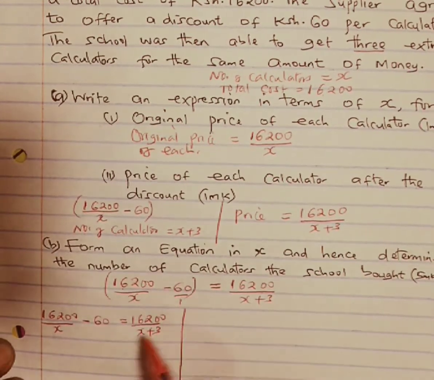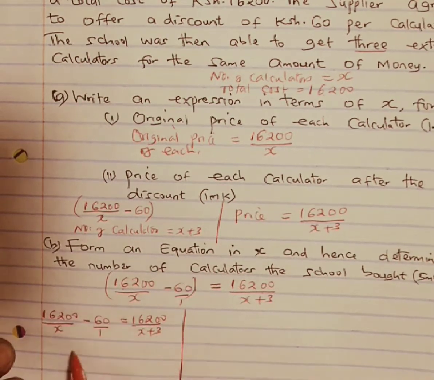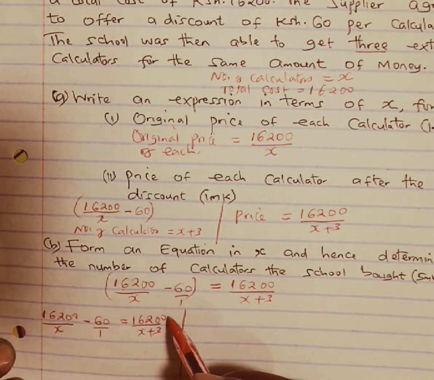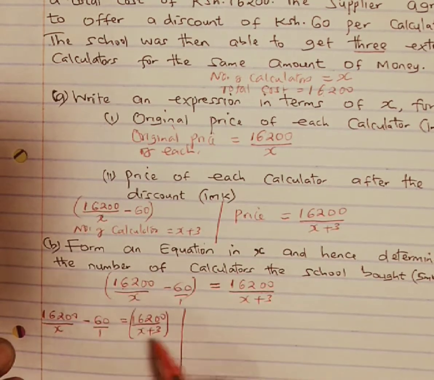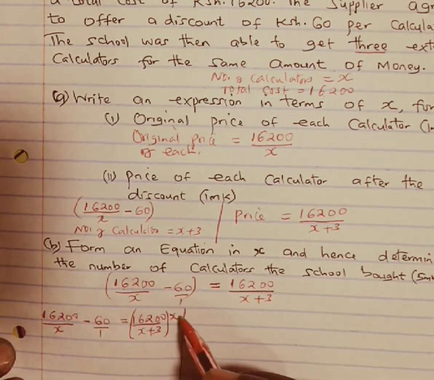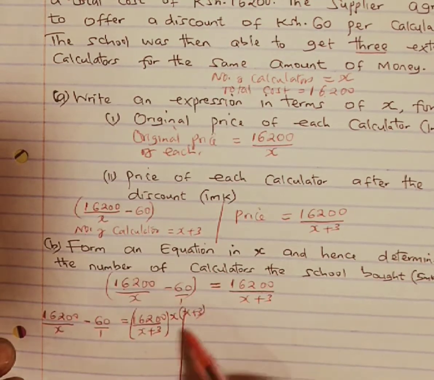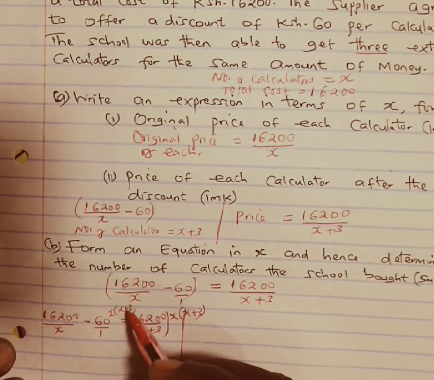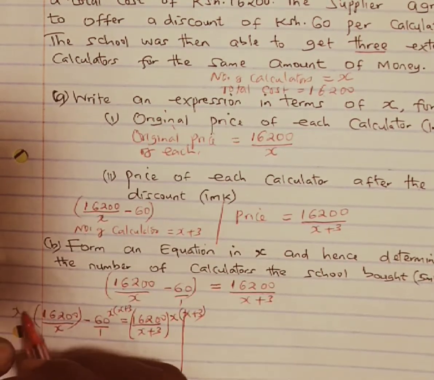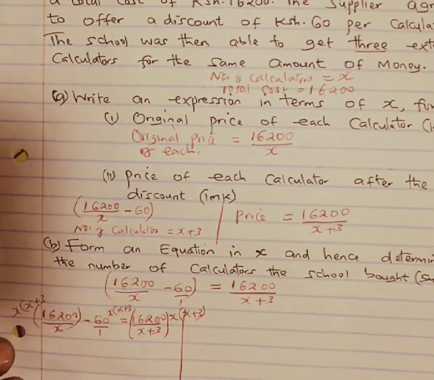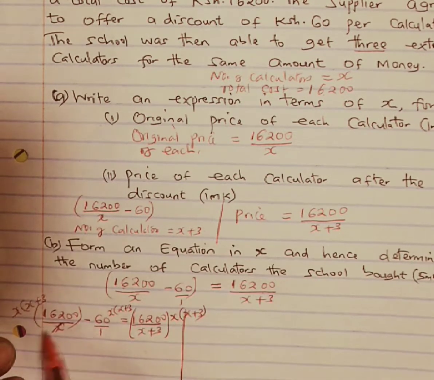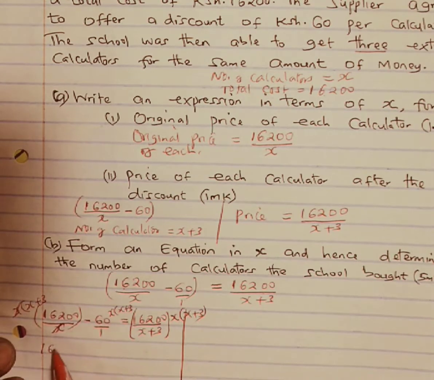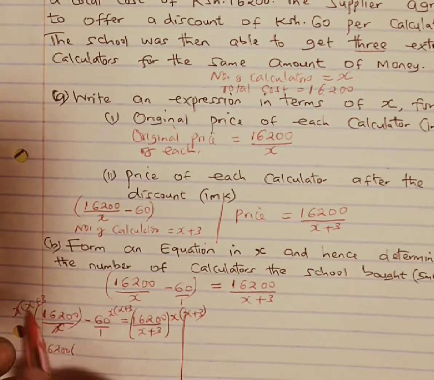So if I multiply by the LCM, which is going to be X and X plus 3. So without being disturbed, just maintain this to be our LCM. We have X into X plus 3. We also do the same here, X into X plus 3. Then here, X into X plus 3. From here, we know X and X will cancel, so that we remain with 16,200 into X plus 3.